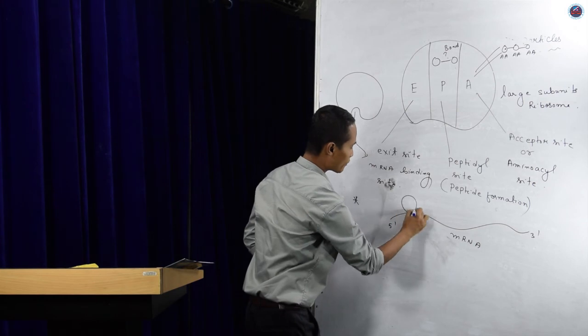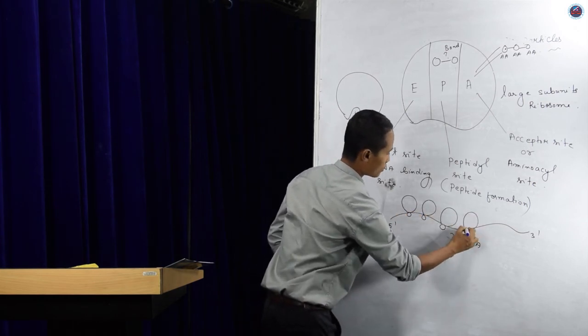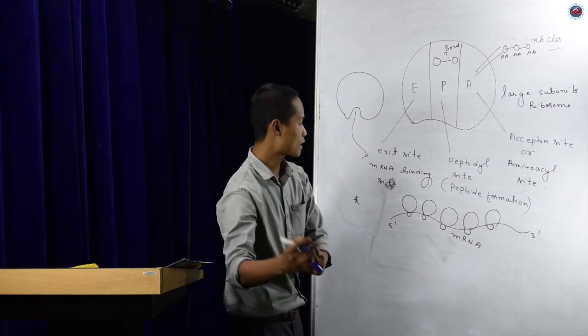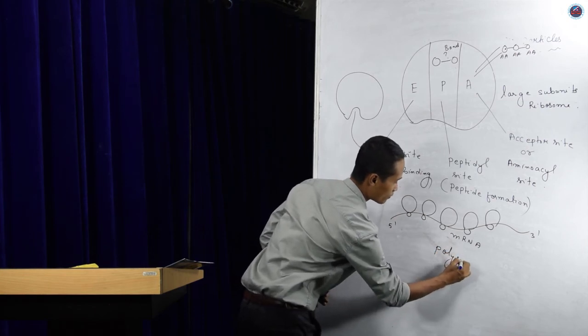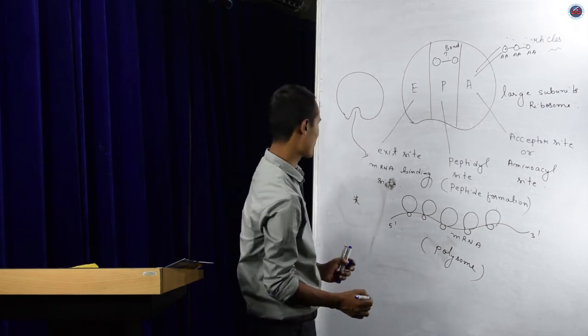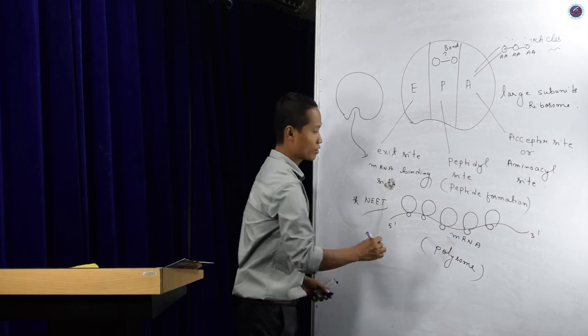If many ribosomes come and bind to mRNA, we call it polysome. This question was asked in your medical examinations.